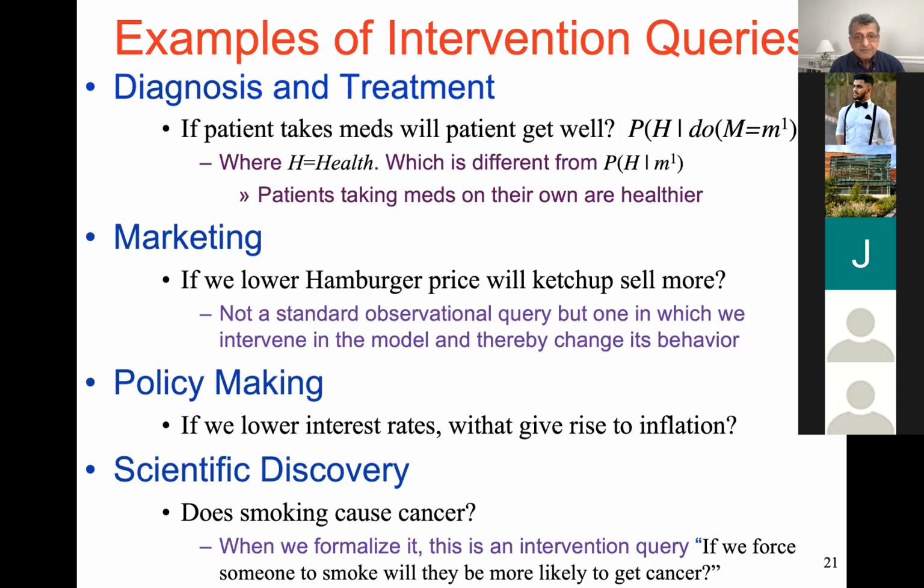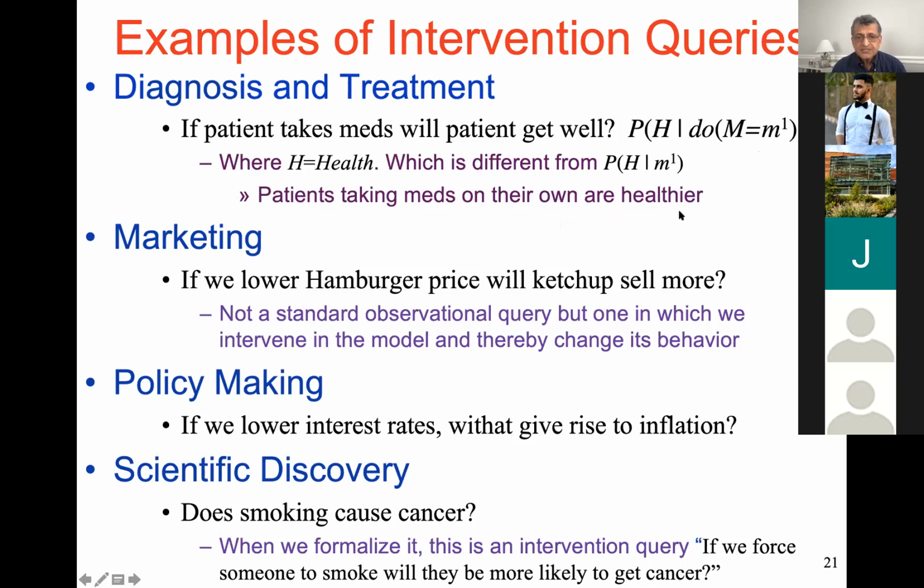Diagnosis and treatment. If a patient takes meds, will the patient get well? Right? So we're saying probability of health given do m equal to m, in the sense that you force the patient to take the medicine, which is different from P of h given m equal to m1. So this is, we're saying set m equal to m1 as opposed to given m1.